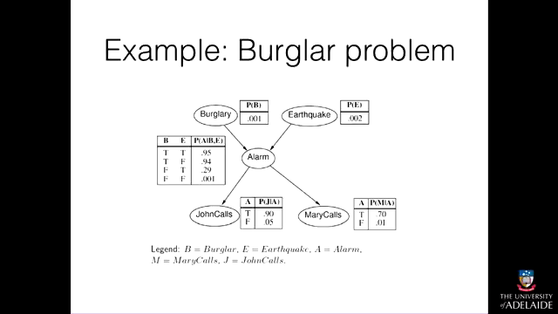For example, the alarm has 2 parents, so we have this conditional probability and a table here. For B and E, we do not have any parents, so it's just one entry. Is there any problem at this point?